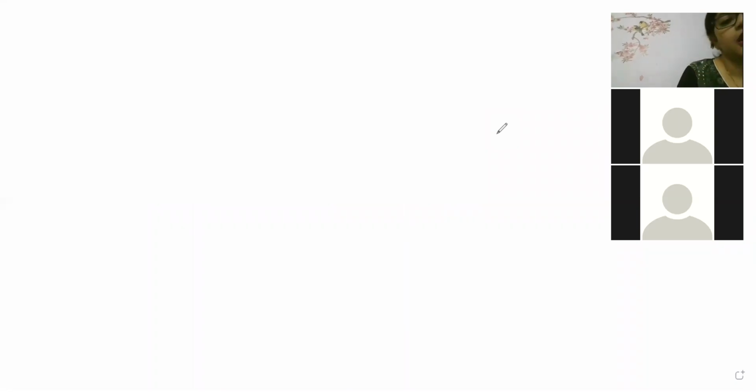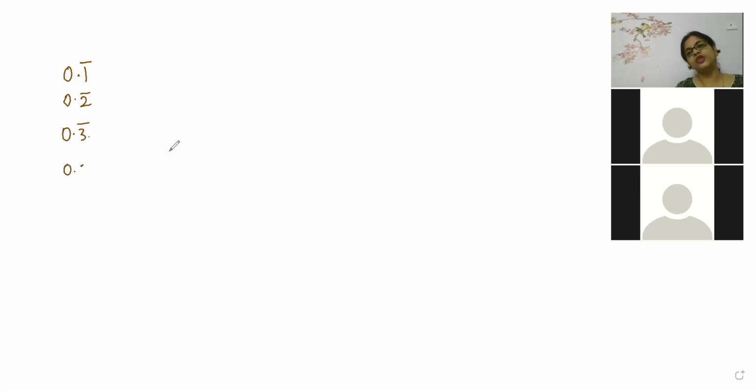It is very easy. Now beta, if someone tells you to convert this number, this number, this number, then what answer are you going to write? 0.1 bar.